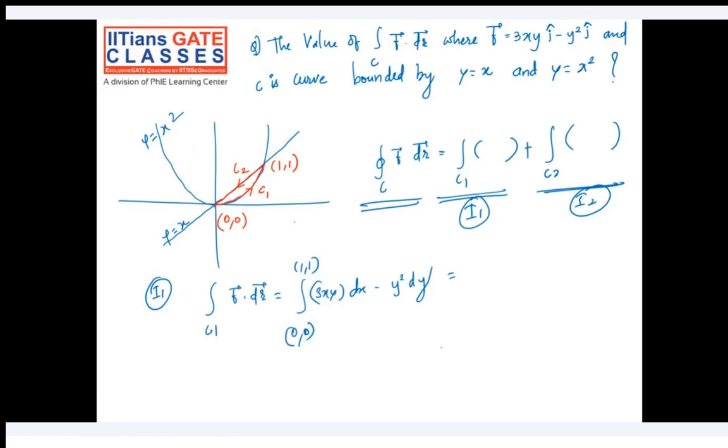So I can write this as 3x into y is x square, so it is 3x cube dx minus y square means x raised to the power 4, and dy means 2x dx.